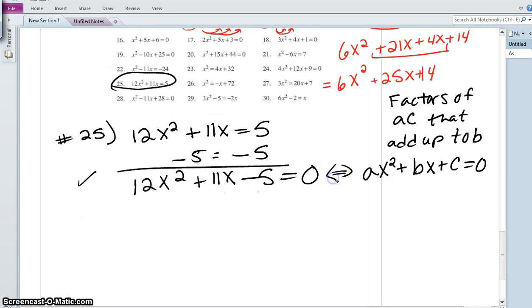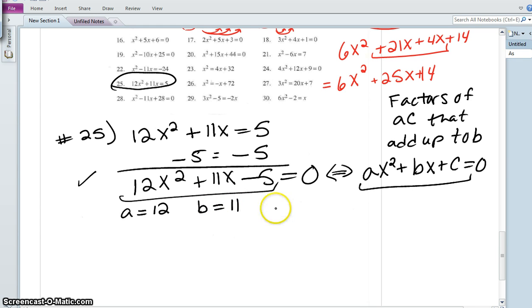So when I compare my trinomial to my standard form, I can see that A is the coefficient of the x squared term, that's 12. B is the coefficient of the x term, that's 11. And C is the coefficient of the constant term, or the x to the 0 power term, that's -5.